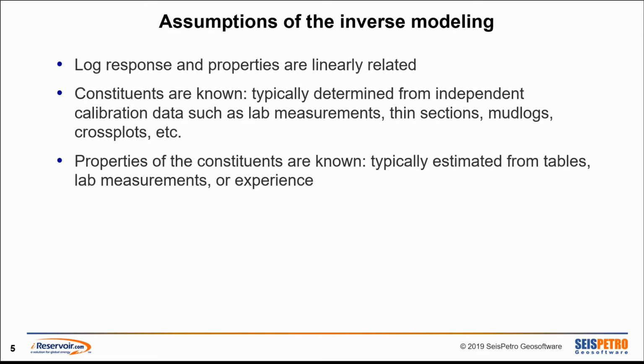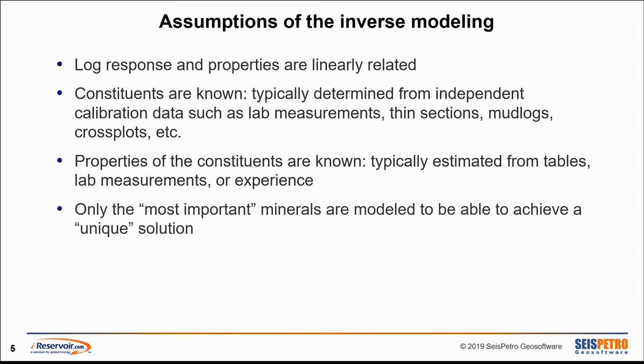And these properties are typically estimated from tables, lab measurements, or experience. And then in many cases, we have more constituents than the logs that we have to resolve them. So our assumption is that we are solving only for the most important in order to be able to achieve what we think is a unique solution.